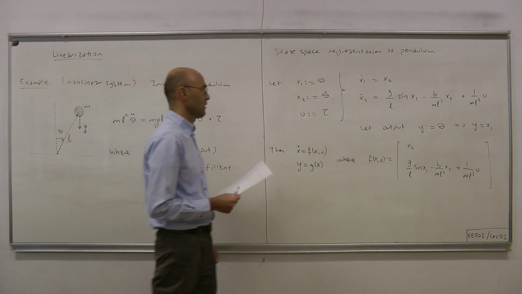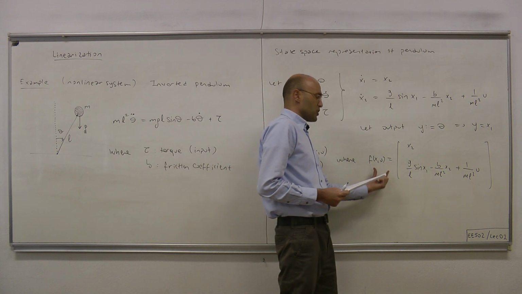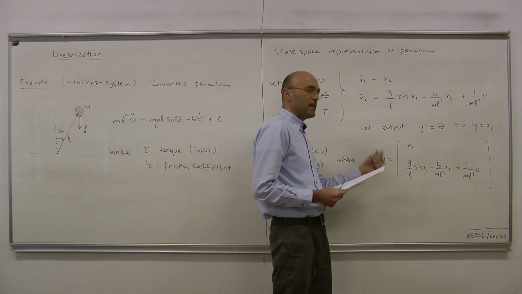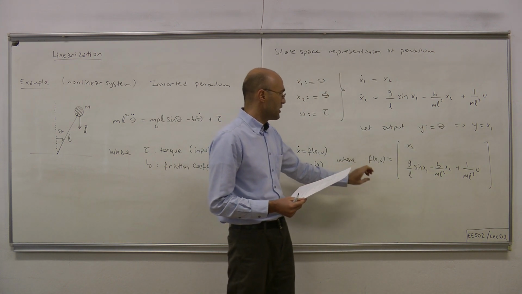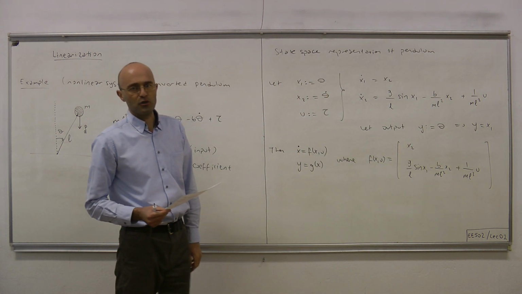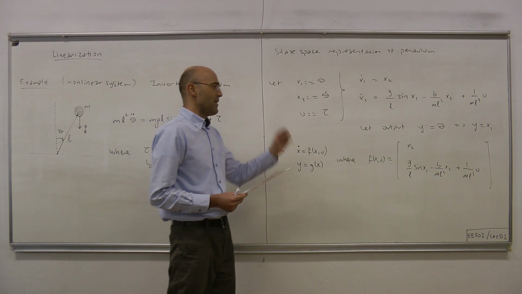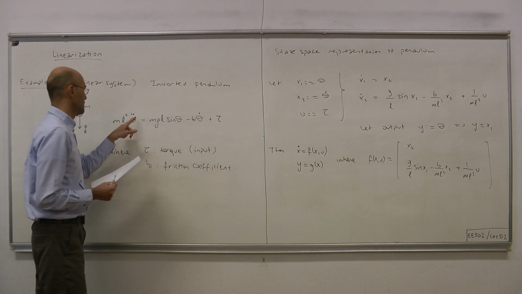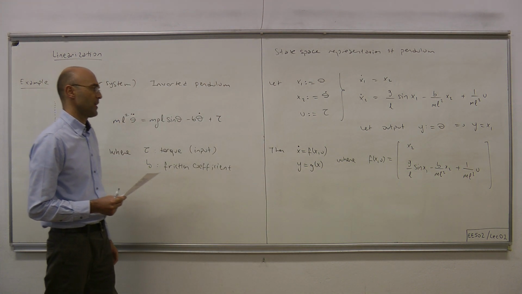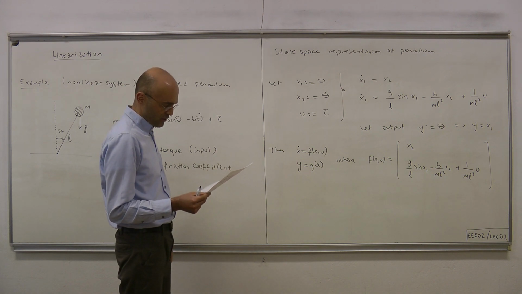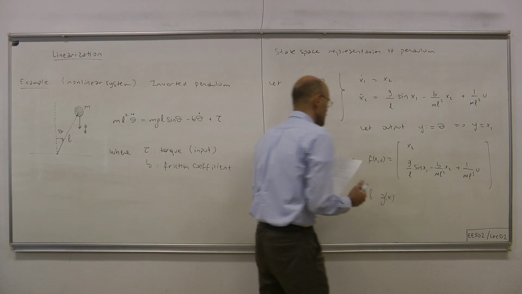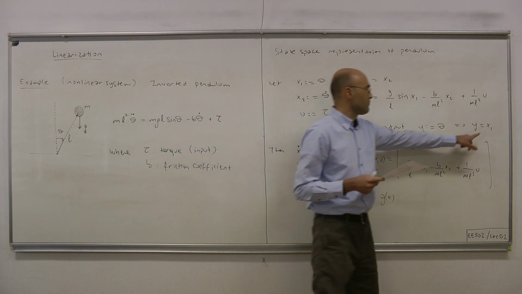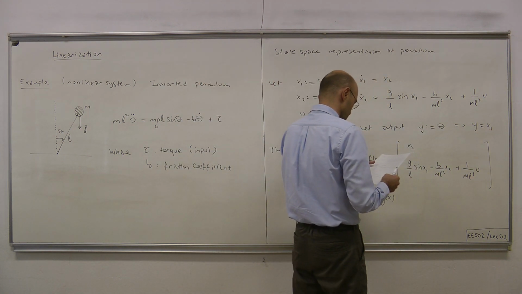Okay. So basically what this function does, it takes three scalars, x1, x2, and u, and it generates a vector in R2. And that 2 in R2 is the order of our system. It's a second order system. So that's our f of x,u, and g of x is simply x1, the first state variable.